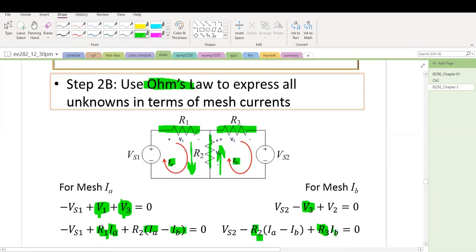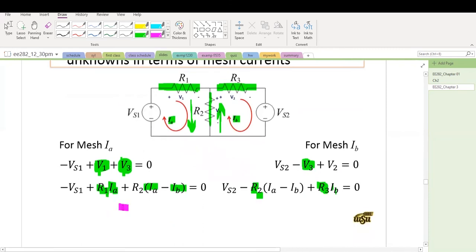Now we have two equations and two unknowns, IA and IB. So we can write the matrix form. A is a matrix, in this case 2 by 2, multiplied by the unknowns IA and IB, and that equals something here and something here.